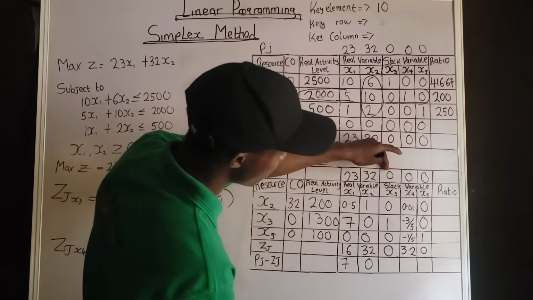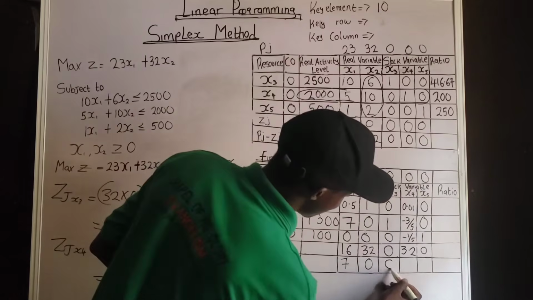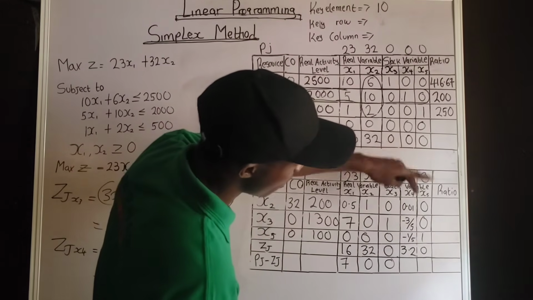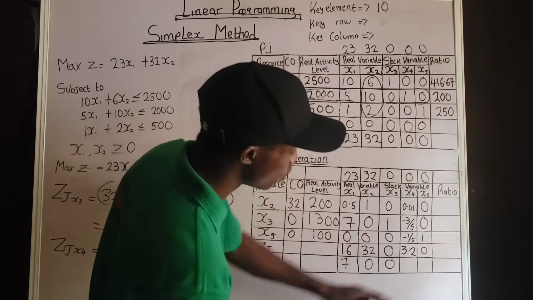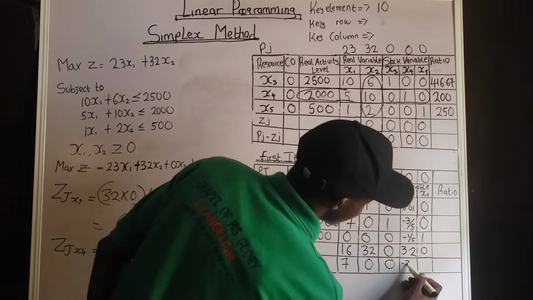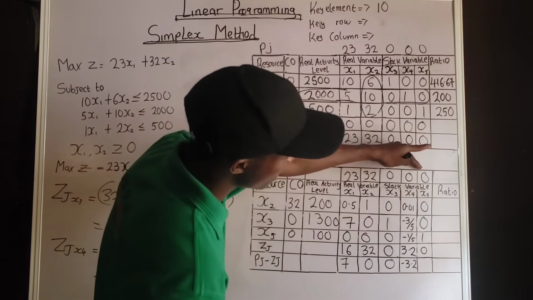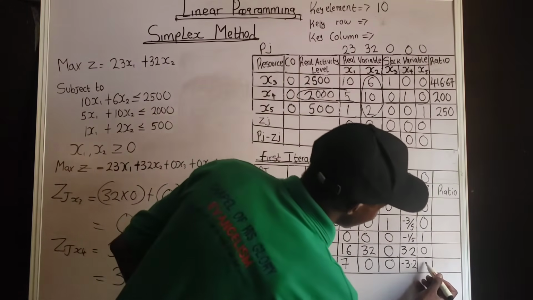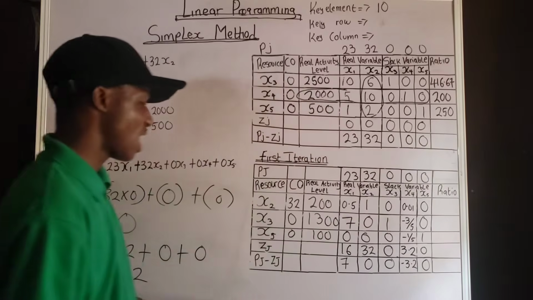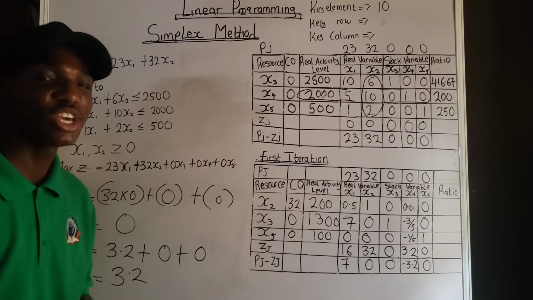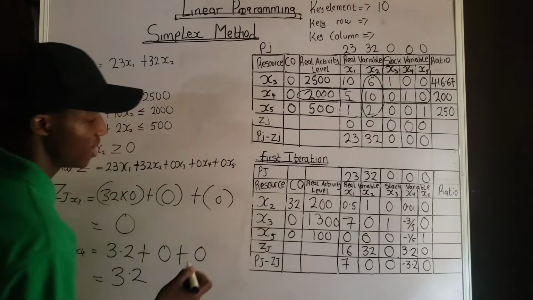For this I'm going to have 0 minus 0, that is 0. For this I'm going to have 0, which is pj for this column, minus 3.2, that is minus 3.2. And for this I'm going to have 0 minus what? 0. So that is 0.